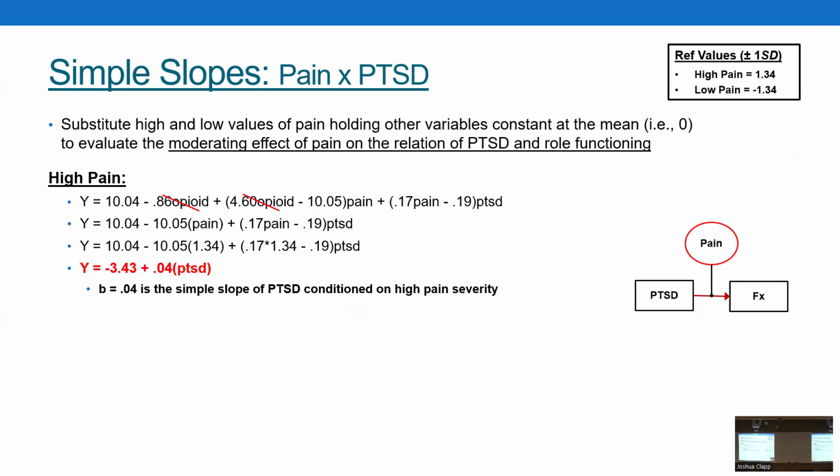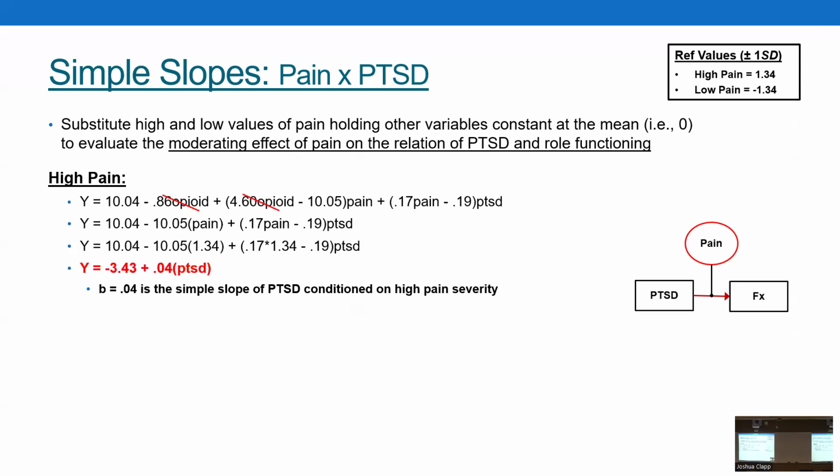Okay, take note of that language because it's going to give you words for what we're talking about here. Again, my simple slope here is giving me the conditional effect of PTSD on functioning at high levels of pain operationalized as a standard deviation above. Can you repeat that language? Yeah.